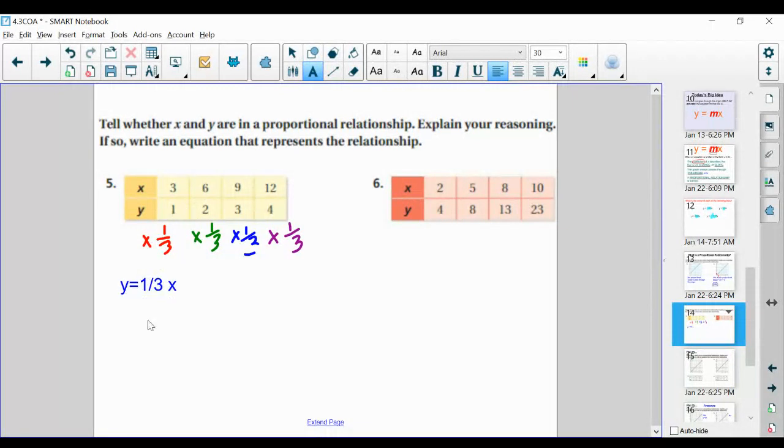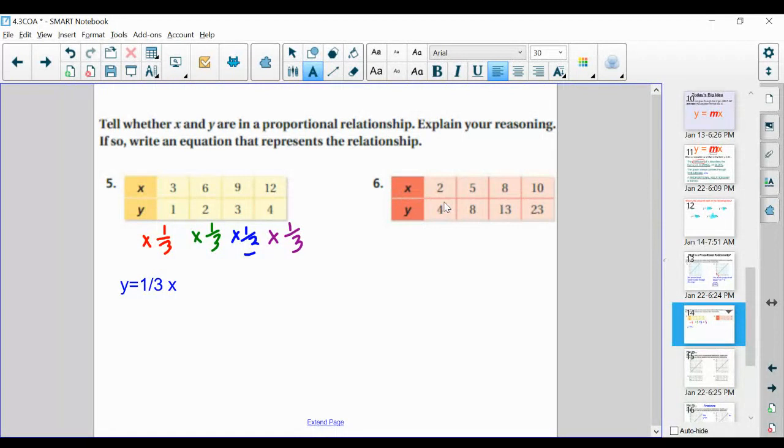If I have 6, what is 1/3 of 6? 2. What is 1/3 of 9? 3. What is 1/3 of 12? 4. So we were able to find our slope by figuring out the number that we multiply our x by to turn into y.